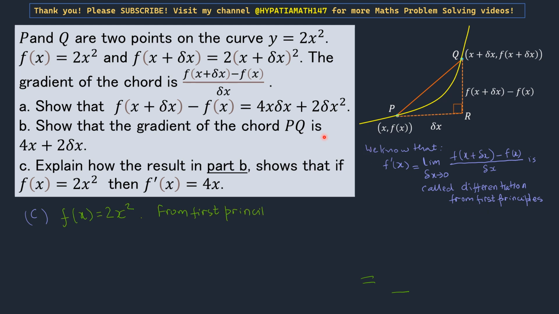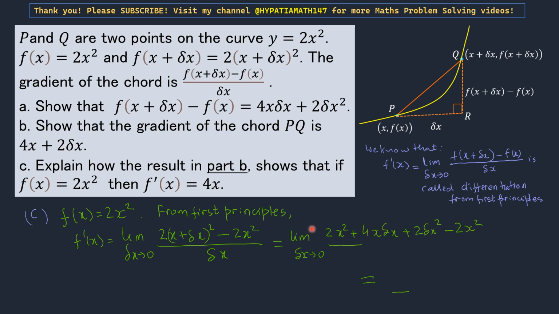We know that f(x) is 2x squared, and therefore we can write f dash x as the limit as delta x tends to 0 of twice of, instead of x we write, (x plus delta x) whole squared minus 2x squared, divided by delta x.